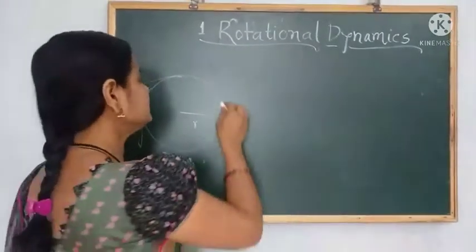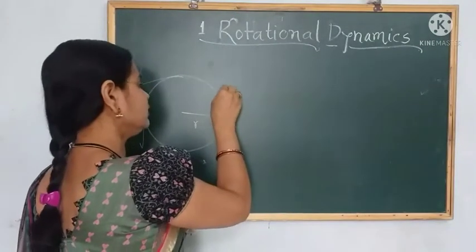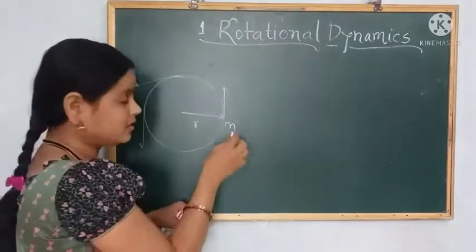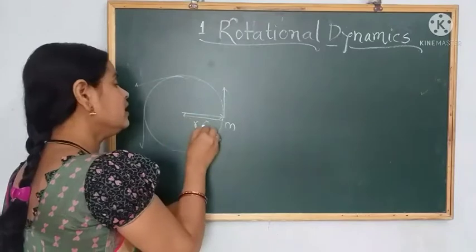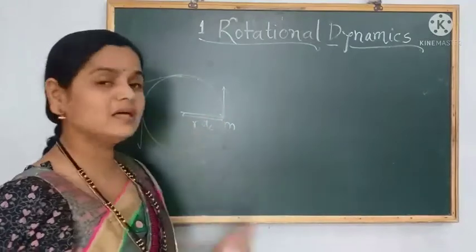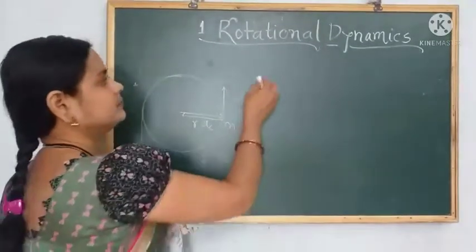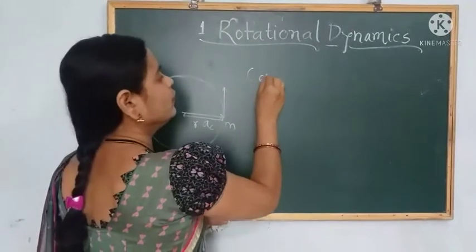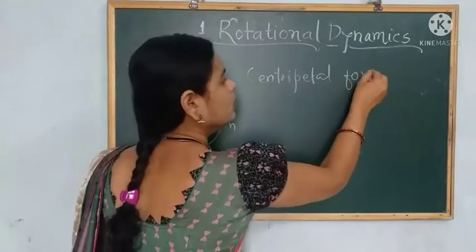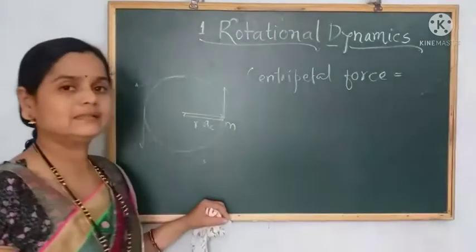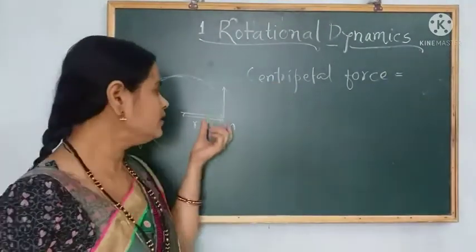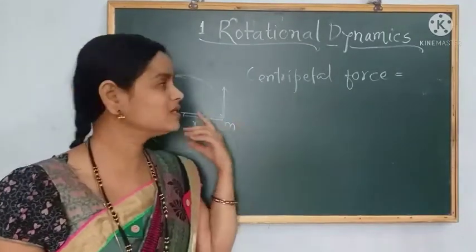This is the direction of the linear velocity, and ultimately, as we have seen, the centripetal acceleration is along the radius and towards the center, thereby the force is called the centripetal force. The word centripetal means it is lying along the radius and directed towards the center.